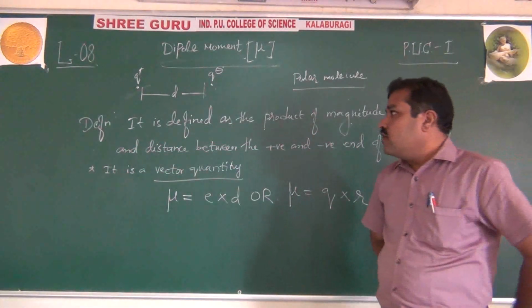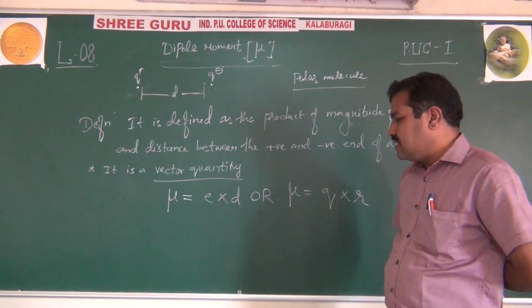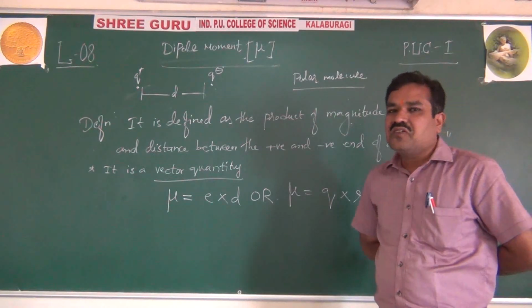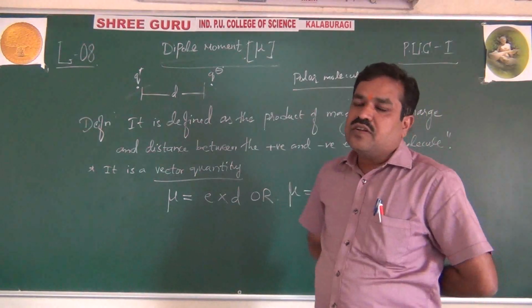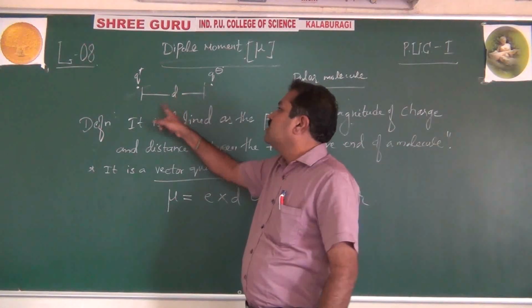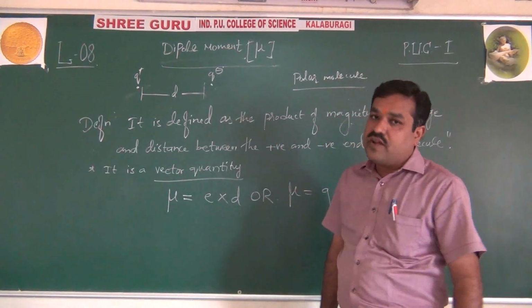Electric charge you already know from atomic structure: its absolute value is 1.602 into 10 raised to minus 19 coulomb. If you multiply it by the distance between the positive and negative end, you will get mu, the dipole moment.